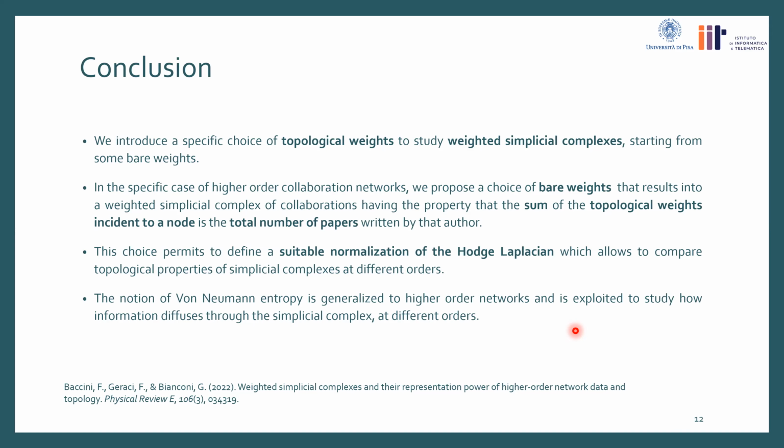Then we also went into the specific field of collaboration networks, and we analyzed the bare weight choice that results in the topological weights having the nice property that the sum of the topological weights incident to a node is in fact the total number of papers written by the author corresponding to that node. Another advantage of this choice is that it permits us to define a suitable normalization of the Hodge Laplacian that allows us to compare topological properties of the simplicial complex at different orders.